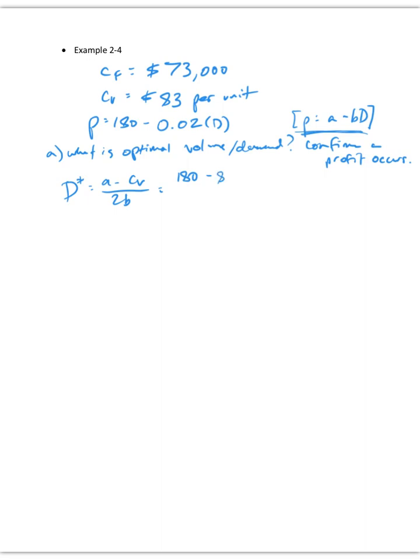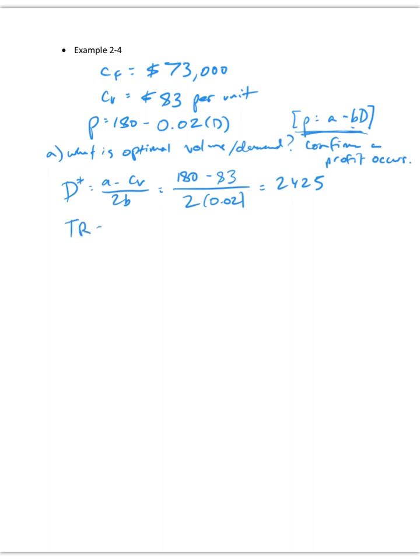Our CV is 83. And we divide by 2 times B. B is this 0.02. And we calculate that D star is 2425. If we sell 2,425 of these things, we are going to maximize our profit. Let's confirm that a profit occurs.